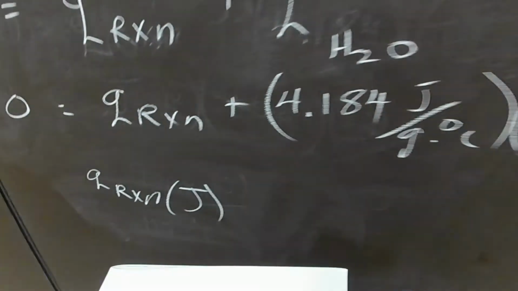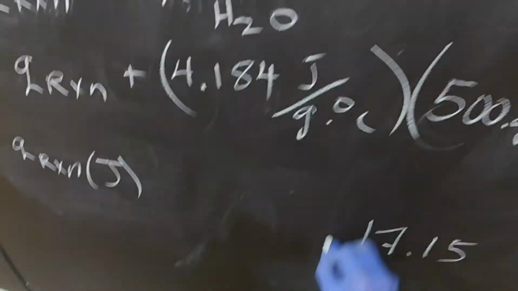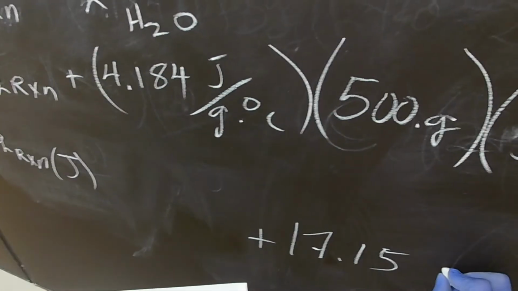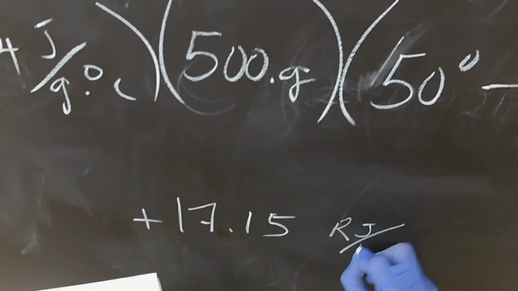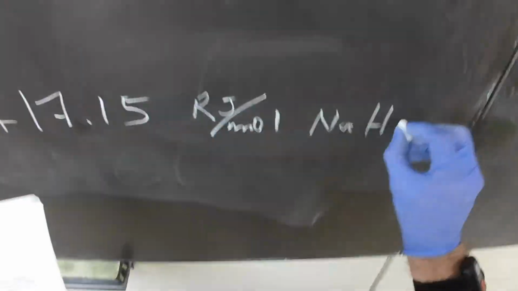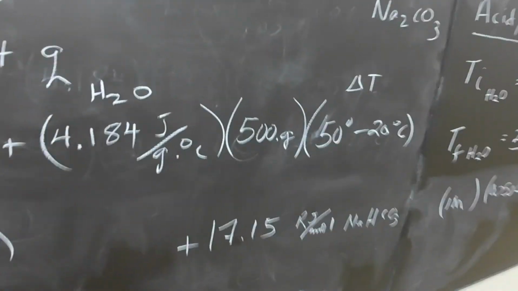Excuse me, that's not negative, it's positive: 17.15 positive, since it's endothermic, kilojoules per mole, for sodium bicarbonate. So you do a similar calculation, and you convert the moles eventually to grams.